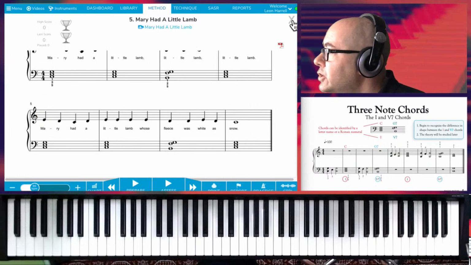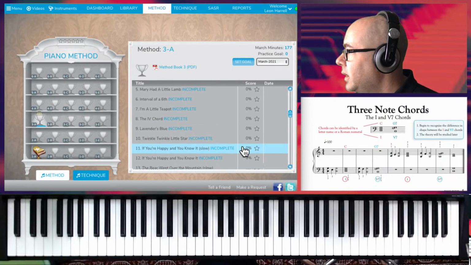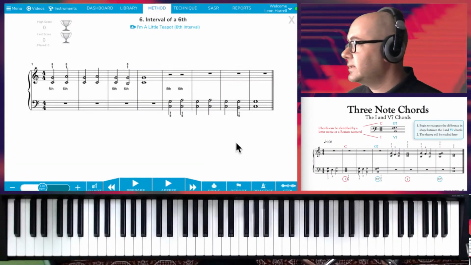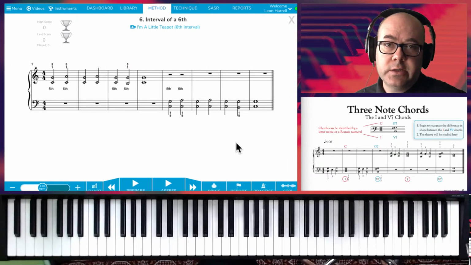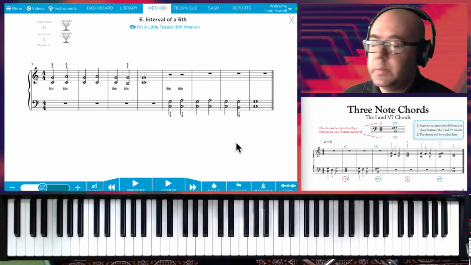Excellent. Okay, so let's move along to the next lesson. In the next lesson, they're talking about the interval of a sixth again, and now we're starting to look at the other sixth that's important for the key of C major.